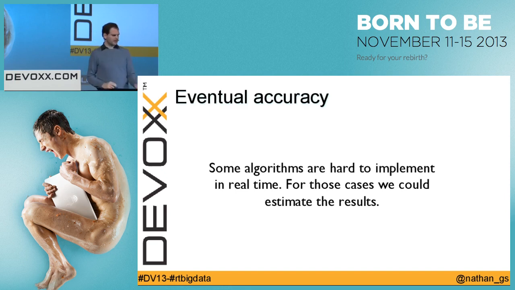But then there's something like eventual accuracy. Because you're doing real-time computations, some algorithms will be much harder to implement. A simple example would be a unique count. In this layer, you don't really have all the data, and it would be too much data to keep everything in memory. So a unique count will be hard, and for those cases we might just estimate results.